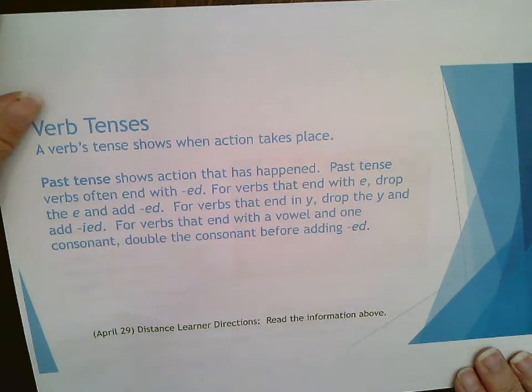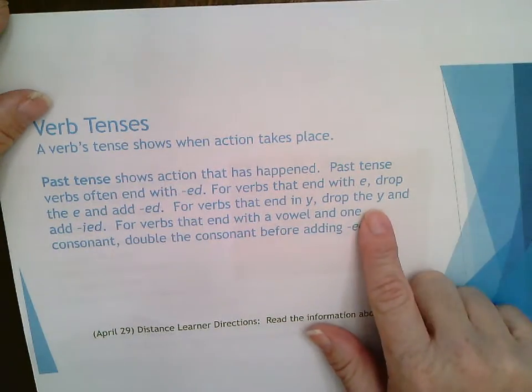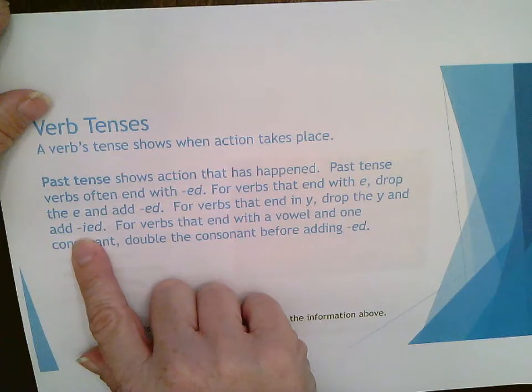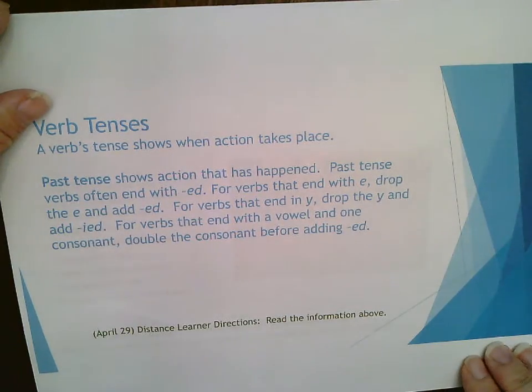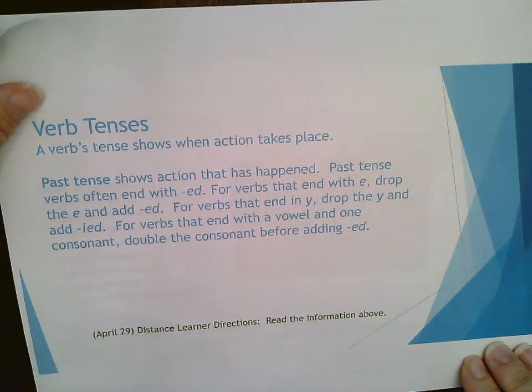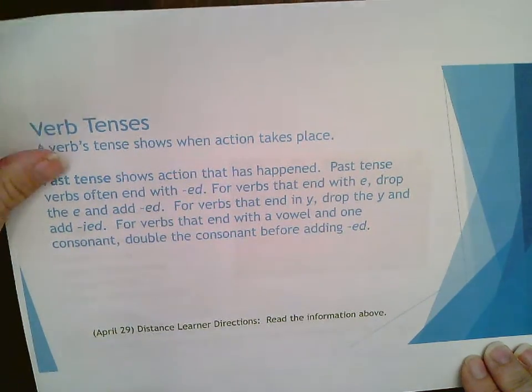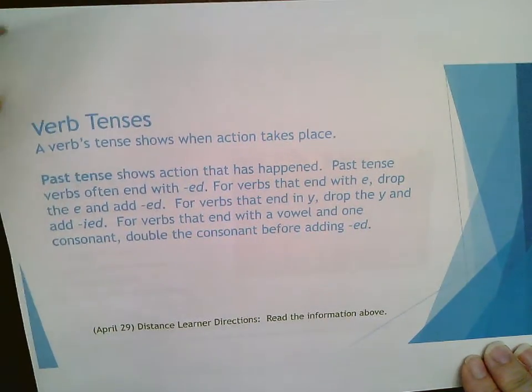For verbs that end in a y, you would drop the y and then add ied for past tense. For verbs that end with a vowel and a consonant, you would double the consonant before adding the ed ending. So we're going to look at some examples of these rules to make a verb in the past tense to show something has already happened.